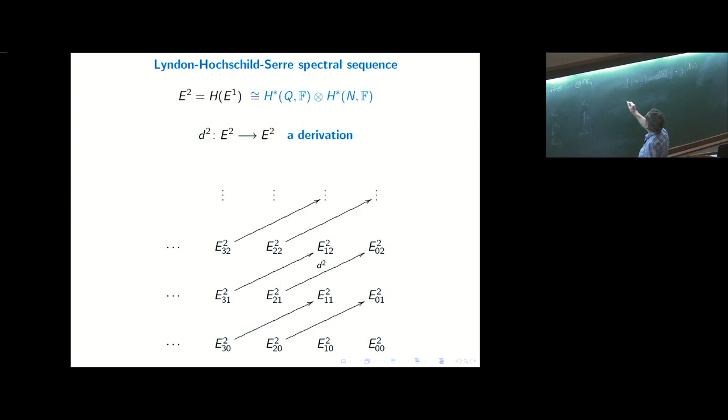If I do d of x squared, I guess I get 2 times something, which is 0. So any squares go to 0. In fact, if I do x plus y squared, it goes to 0.